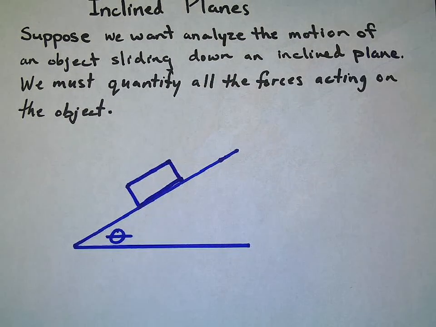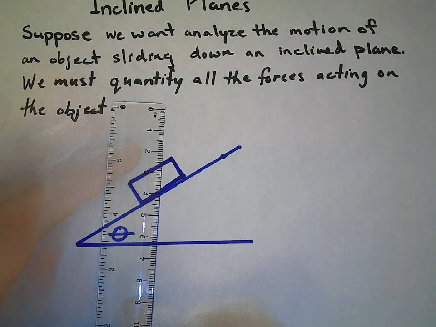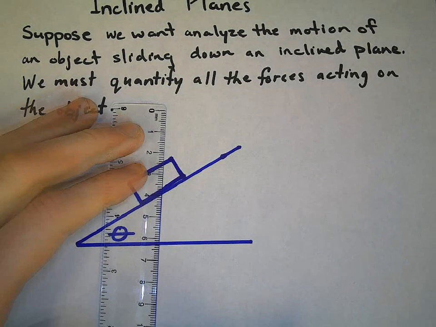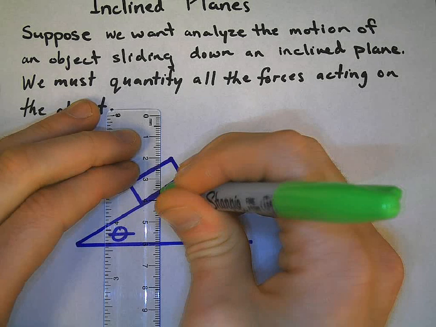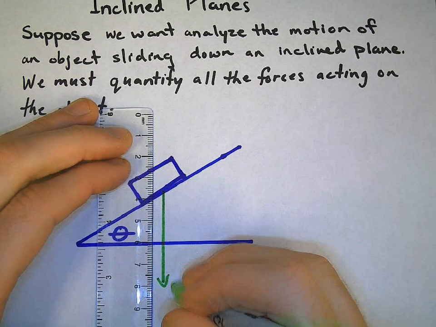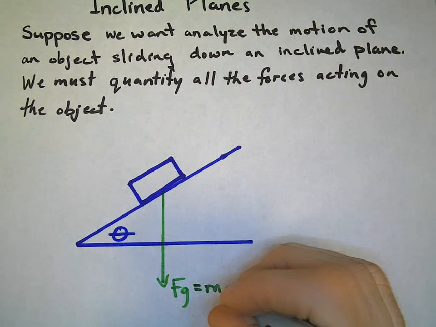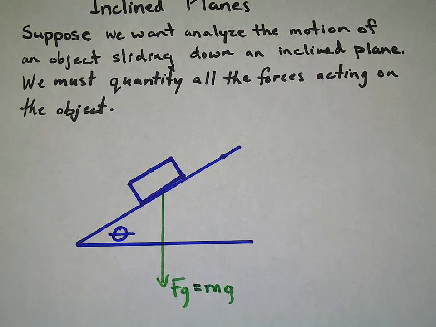We must recall that the normal force is not always going to be equal and opposite of the gravitational force. So when I look at my gravitational force in this case, I see that the gravitational force is actually acting straight down from the object. So there is my force of gravity acting on the object, and we know that that is always our mass multiplied by the acceleration of gravity.